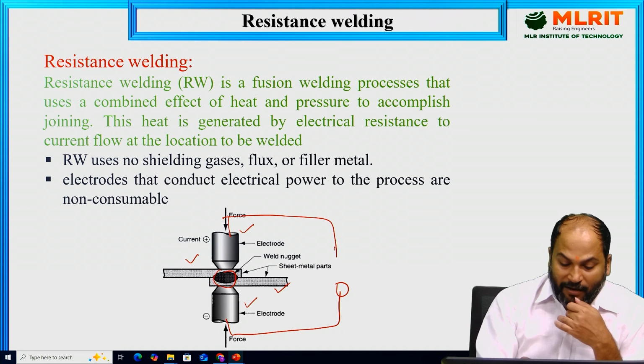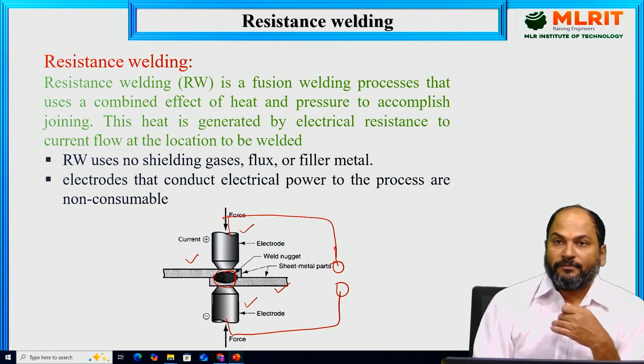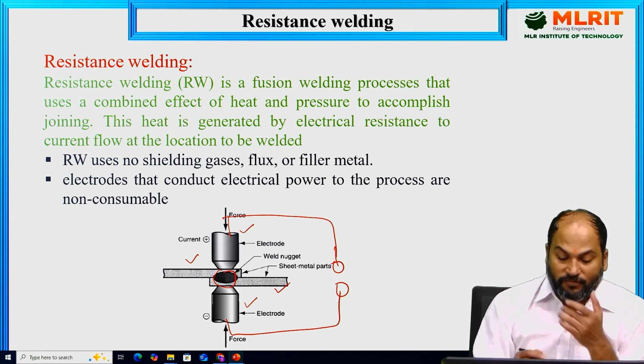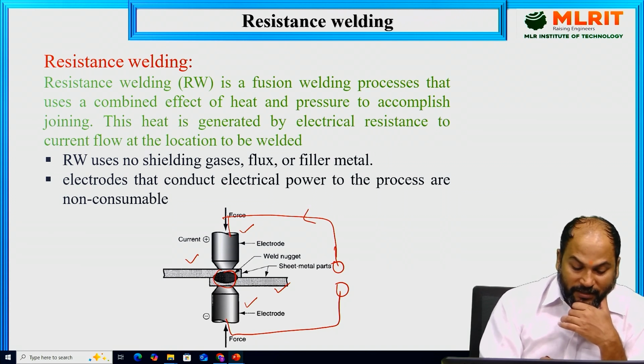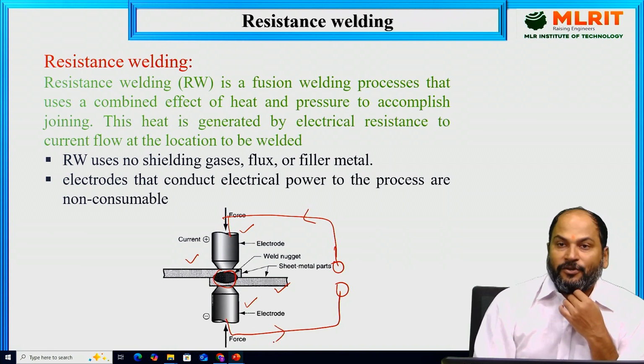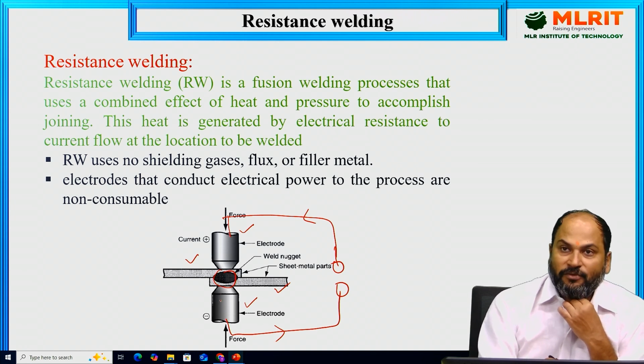This will be the power source here, that means an electrical source. Once this is turned on, current will start to flow in this circuit. Once current passes through, what will happen?